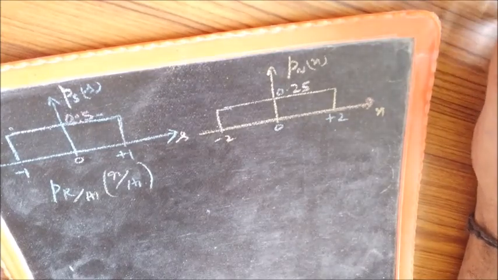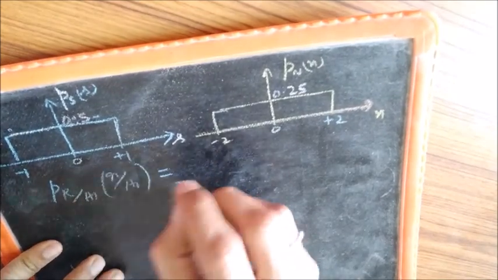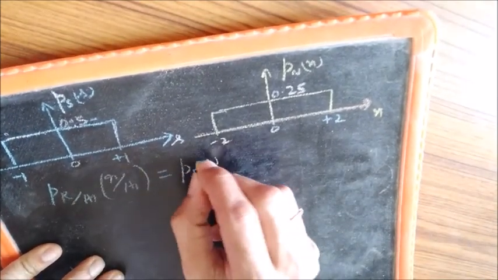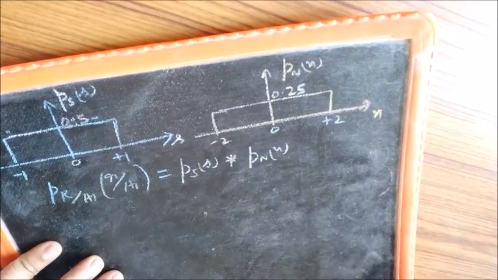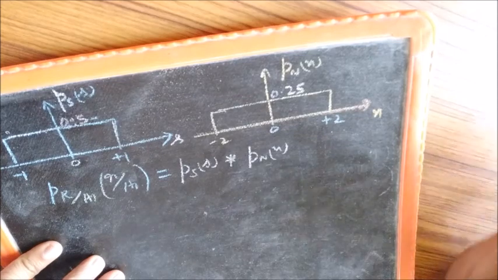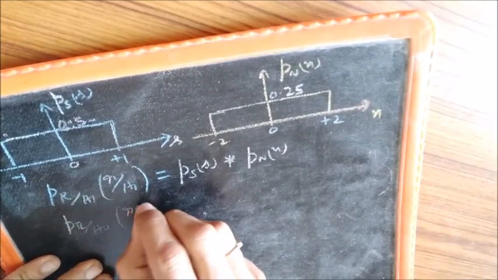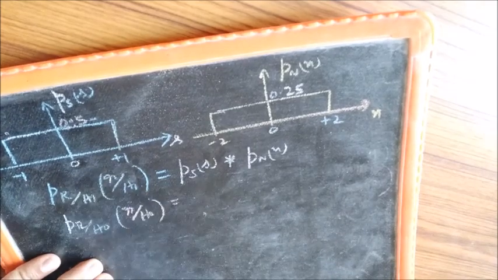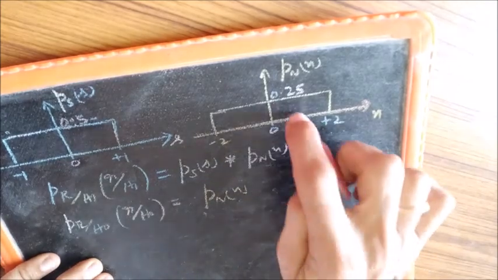Now that being the case, P(R|H1) will be a convolution of these two density functions. And the density function of R given H0, here you receive only noise, so it will be just the same as this.